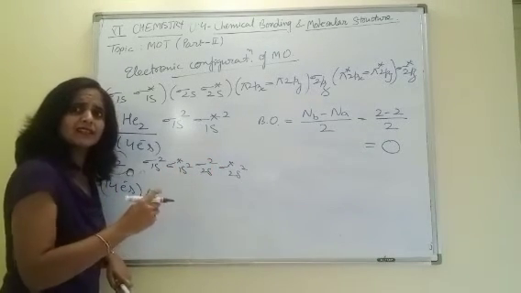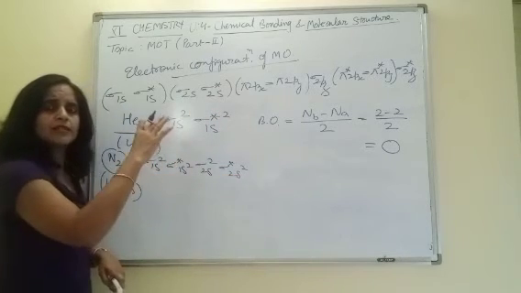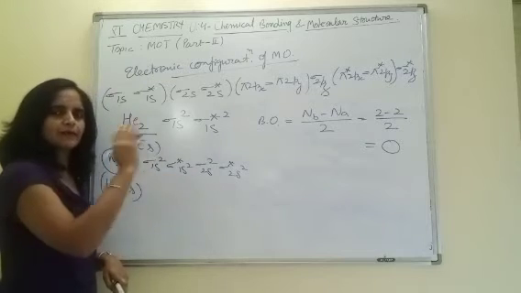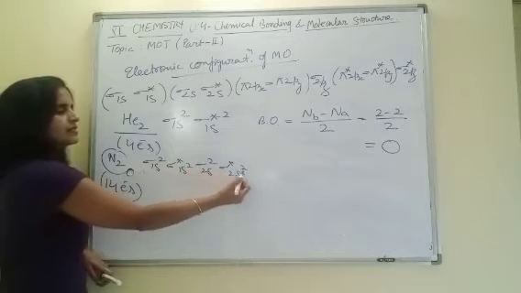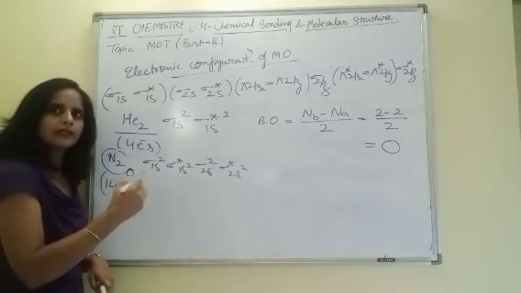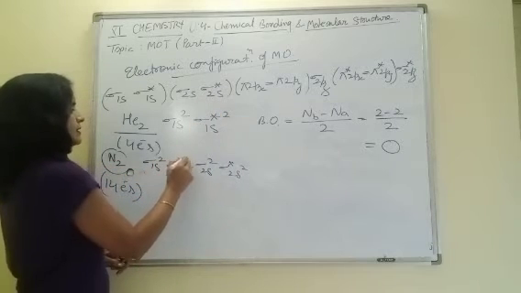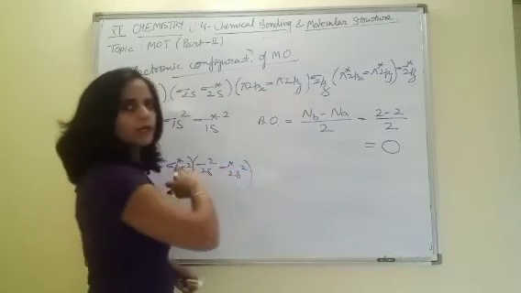Quite boring, no? We are writing the same things again and again. No problem. I will give you a shortcut. But first, let us complete this. How many electrons? 2, 4, 6, 8. Then after sigma 2s, this is 1s, this is 2s, we will have 2p.